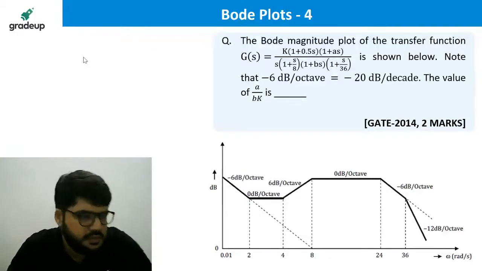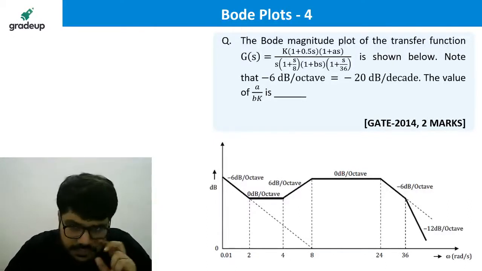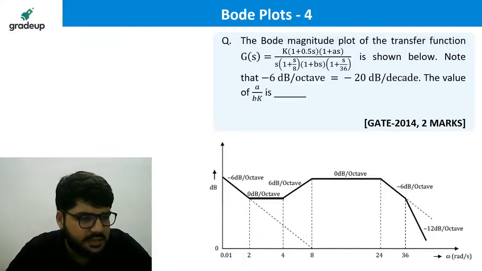Yes, guys. Yeah, correct, Zain. A by BK. First you have to find them individually. A divided by BK will be done at the last. First find A, B and K. Sachitra, correct?